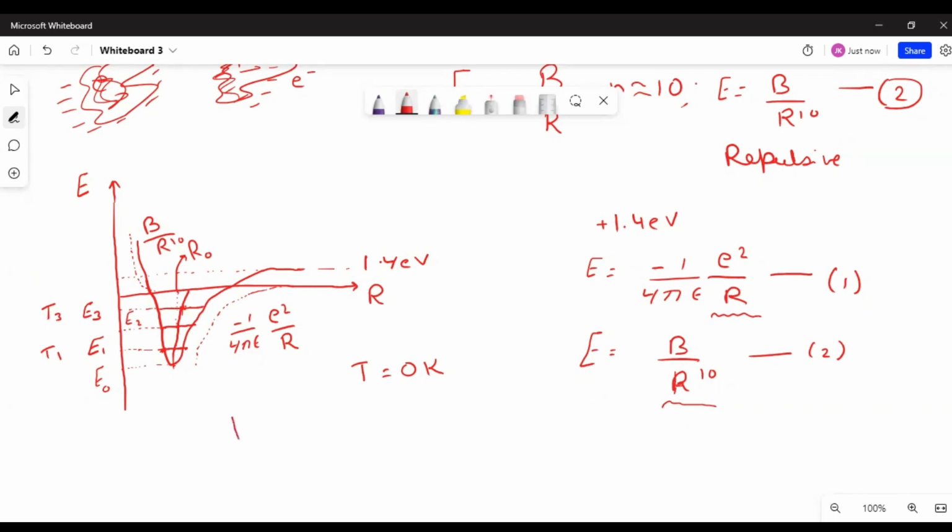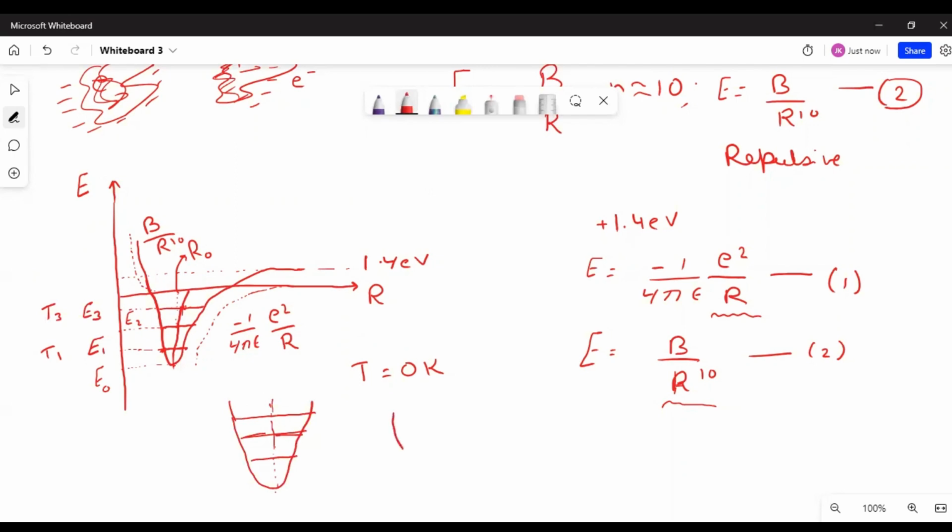For example, if a material has a very symmetric curve, like this, the average distance between these two will be the same. So this side and this side will be the same, which means when we increase the temperature, on average we will not see any dimension change or expansion.